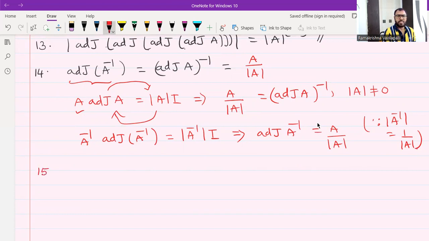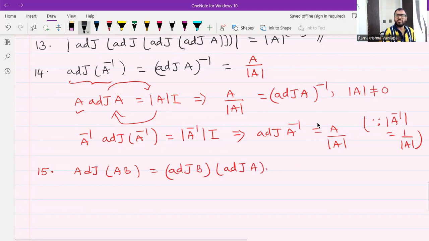And finally, adjoint of AB, I can write this as adjoint of B into adjoint of A. The proof is quite simple.